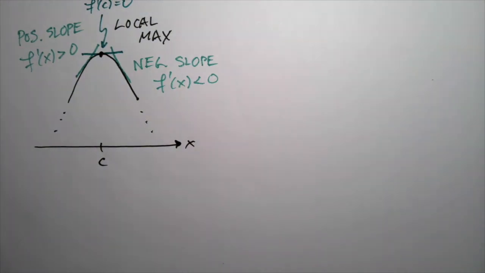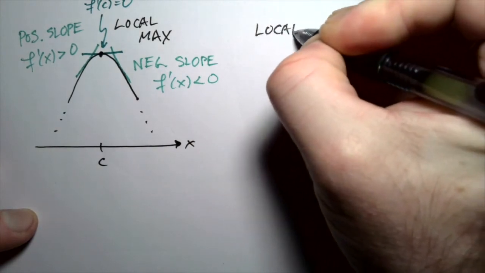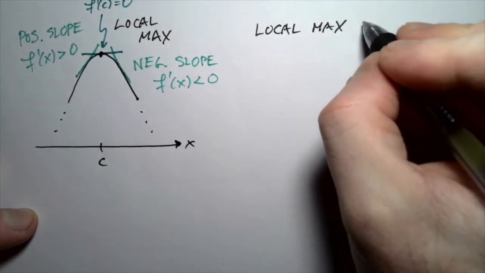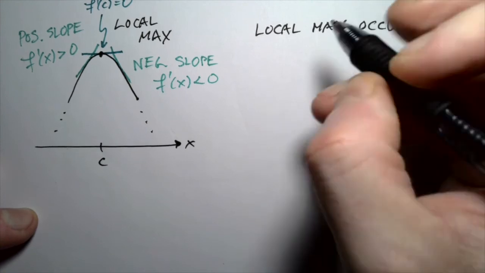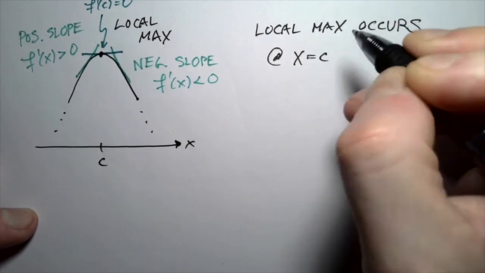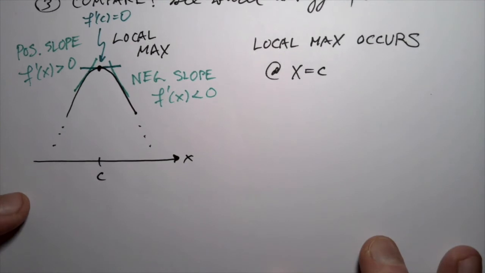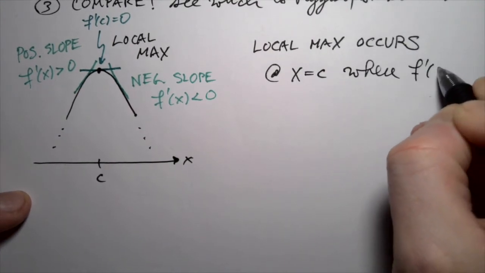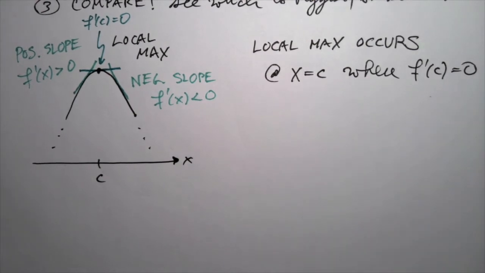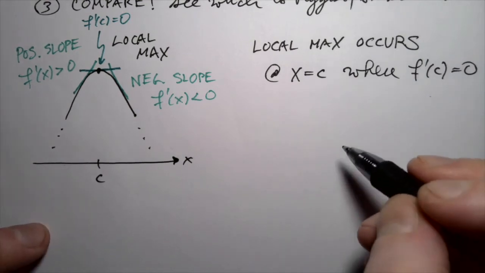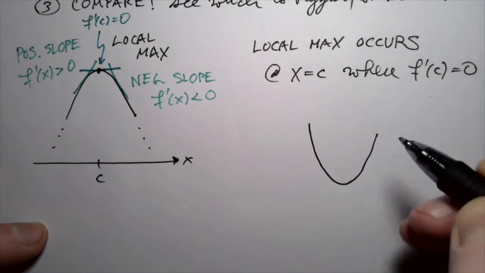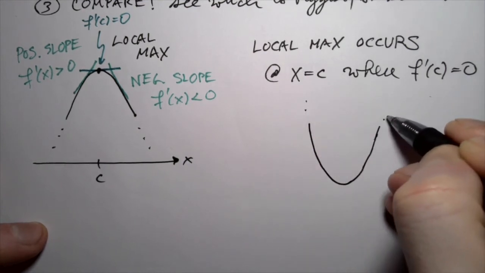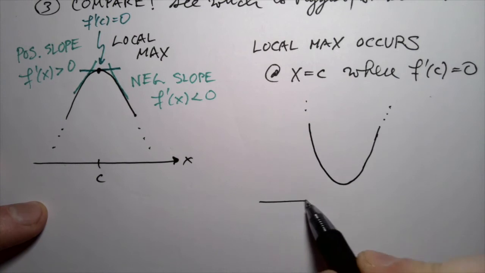Okay, so let's write down that observation. The local max occurs at an x value, which would be the c here in the picture, where the derivative is 0, because that tangent line's got to be horizontal. It's got to have 0 slope. And if you think about it, the same thing will be true of a local minimum. It's just that we go from decreasing to increasing.